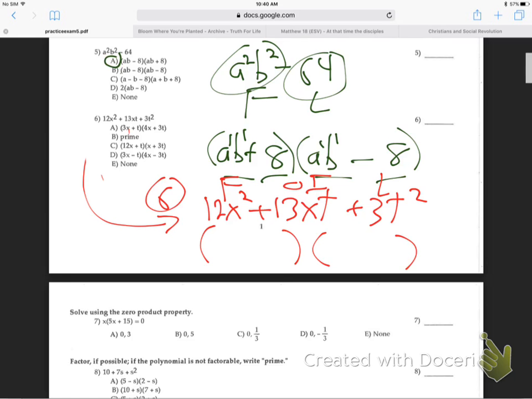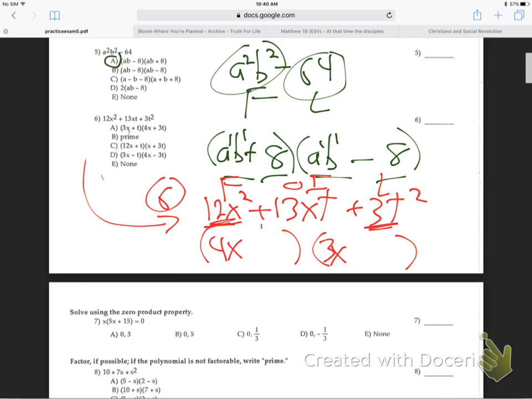Front times front to be 12x squared. Now we could try 6 and 2 or 12 and 1, but it's usually the numbers closer together, so 4 and 3 is a good way to start. If that doesn't work, I can always go back to 2, 6 or 12, 1. Okay, that's for the front. Now, what about the last?